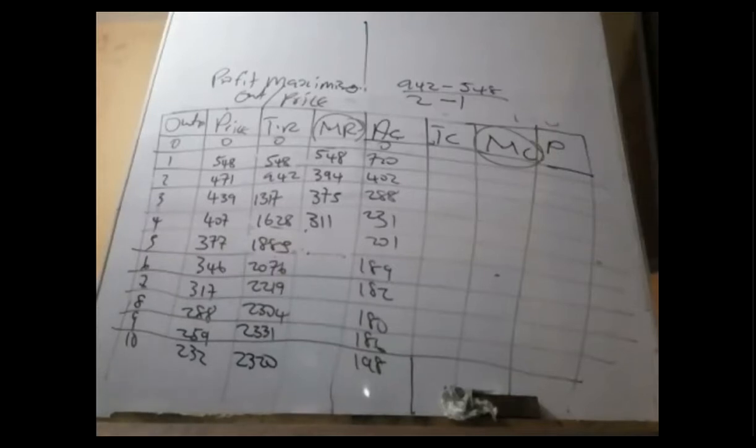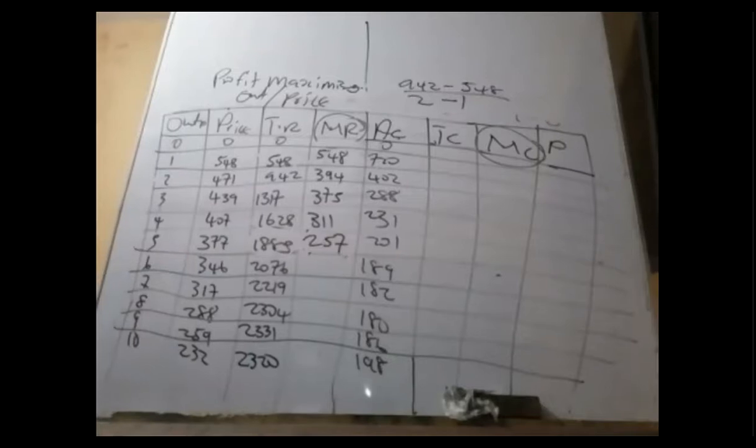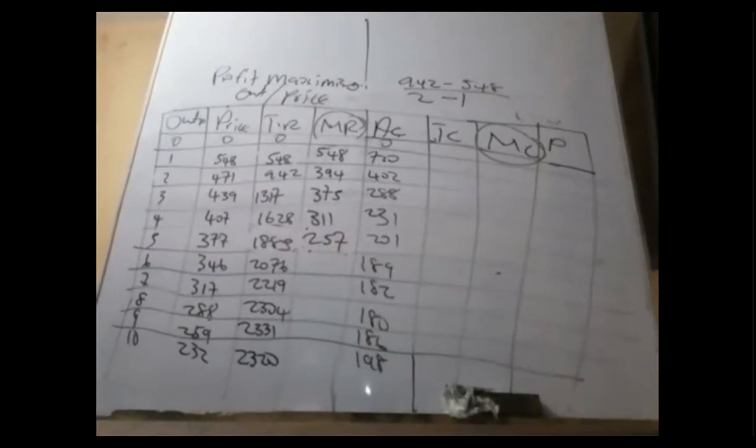Yeah, I'll take that. Then this minus this. So let's go. That's 257, right? 257.